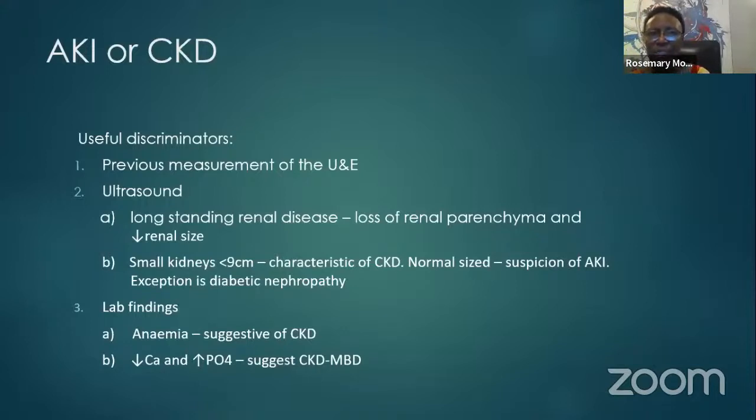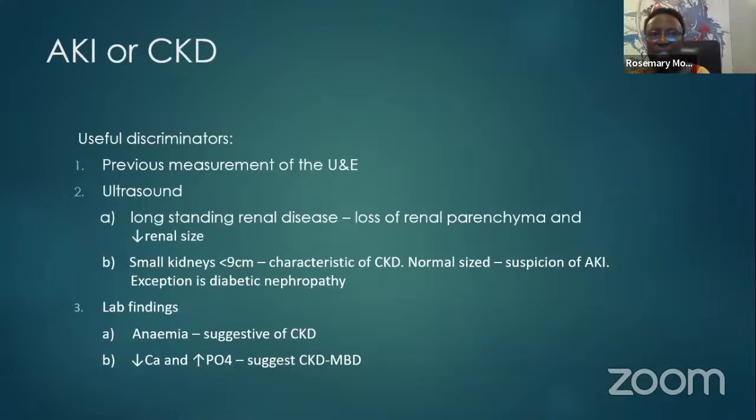So the useful discriminators are: it is important that when your patient presents to you, if possible, get hold of the previous UNE that was done. All right, and at least it will give you an idea of how was the UNE, let's say 3 months or 6 months prior to the presentation.